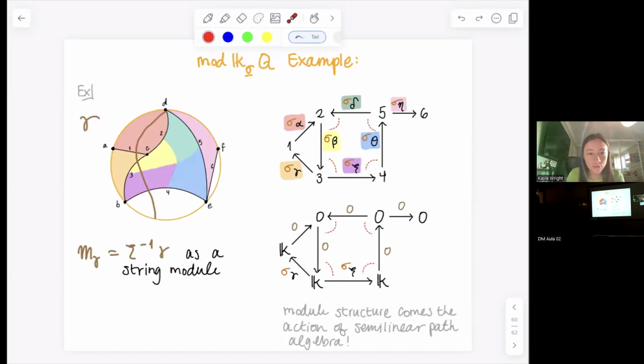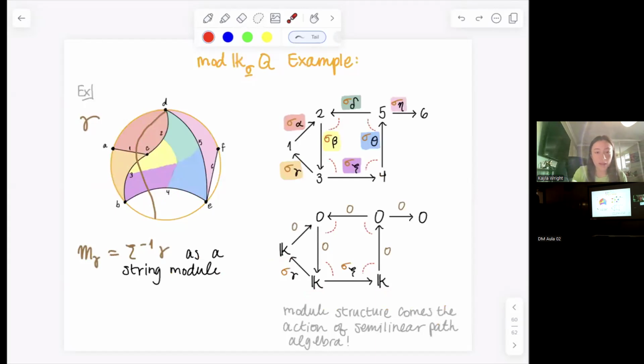You look at the arcs that gamma is crossing in the surface, and that gives you the string that you're going to be looking at, or where the vector spaces are going to be on the quiver. We see that gamma passes through 4, 3, and 1. So these are all going to be some one-dimensional vector space.